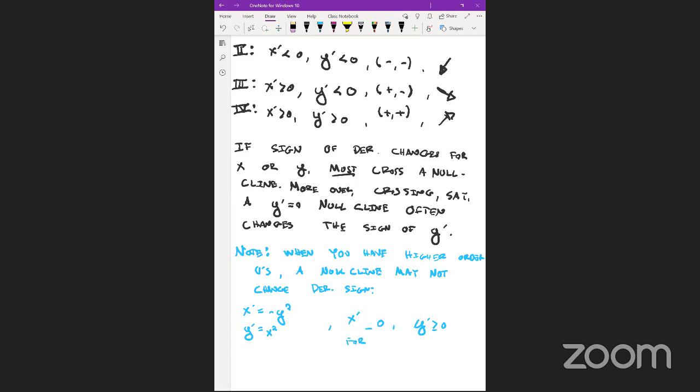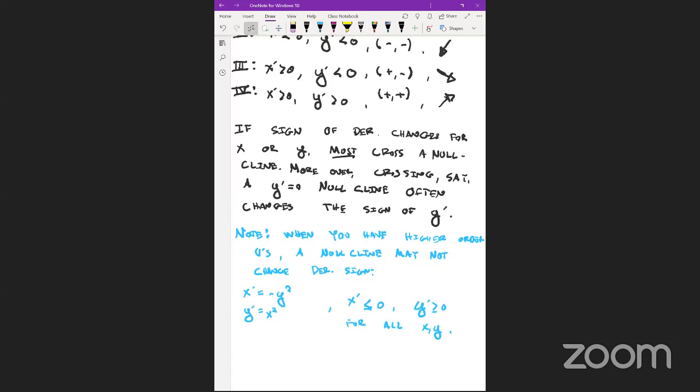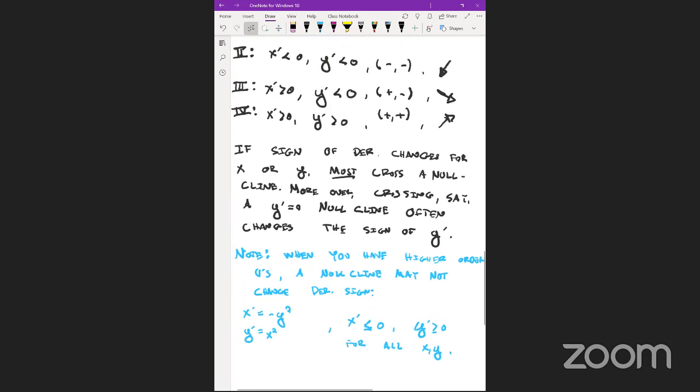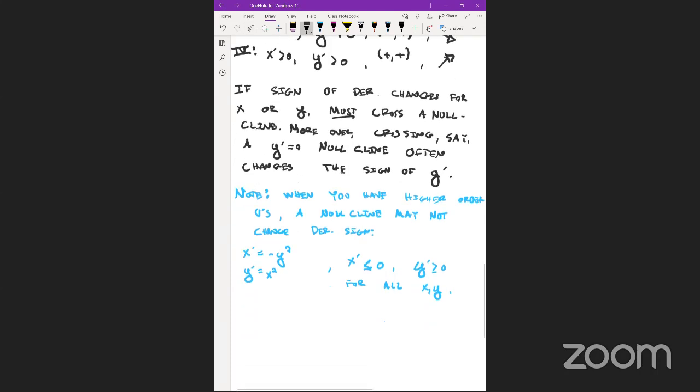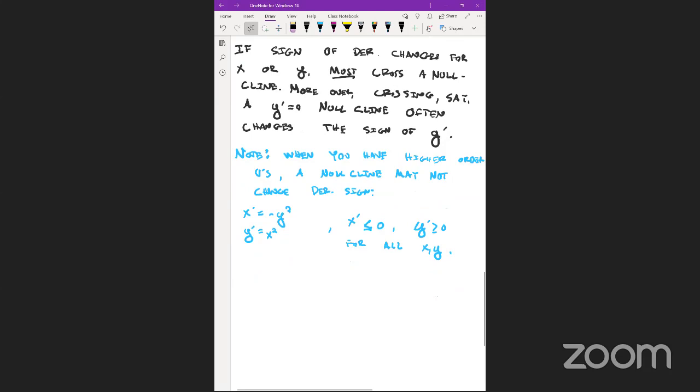Sorry, less than or equal to 0 for all x, y. So this is our typical quadratic case, right? The sign of derivatives doesn't change if we have a quadratic 0. Okay, any question?